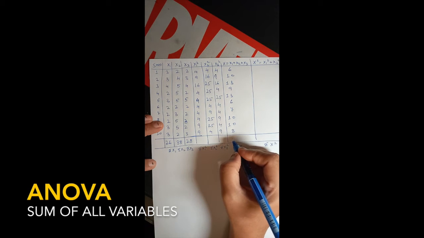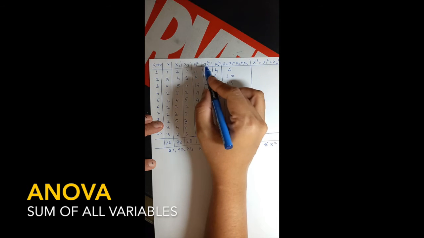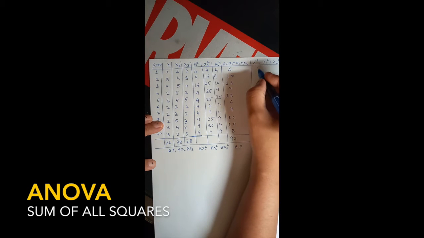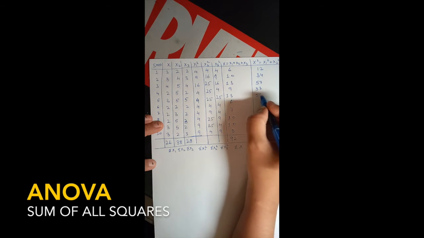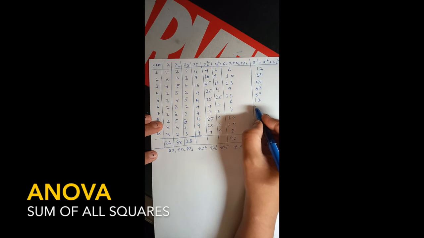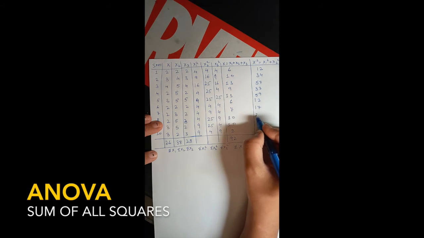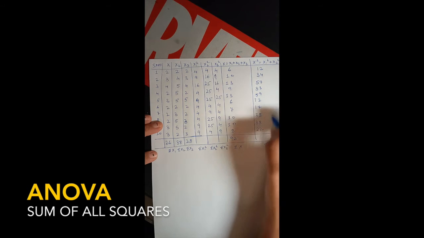So here we are done with that, and we'll do a sum of x1, x2, x3 also. Now the eighth column will have a sum of x1 square, x2 square and x3 square. So we'll quickly do a calculation of x1 square, x2 square and x3 square, and we'll call it x square.